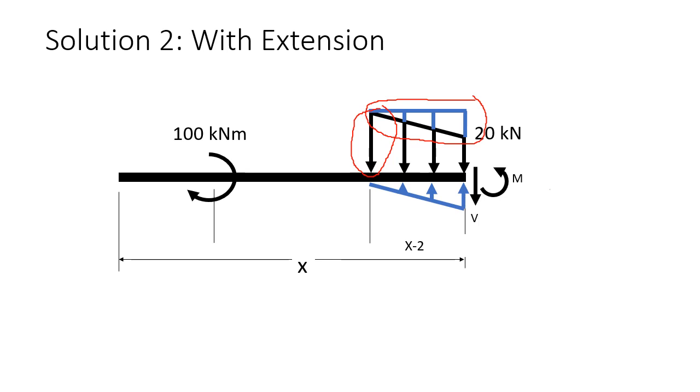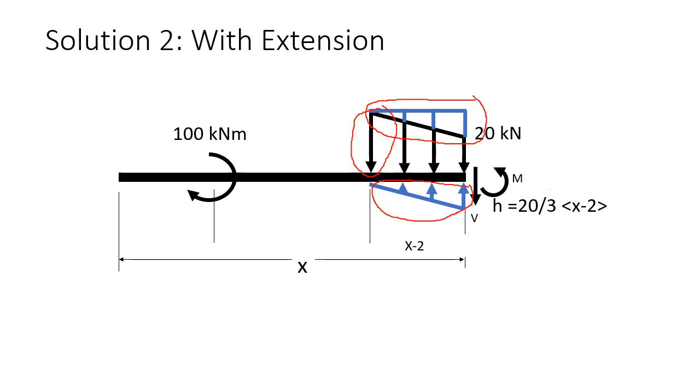So again, the slope of this triangle still came from the original triangle. That would be 20 over 3, and then the base is x minus 2. So here, the height of this triangle is 20 over 3 times x minus 2.